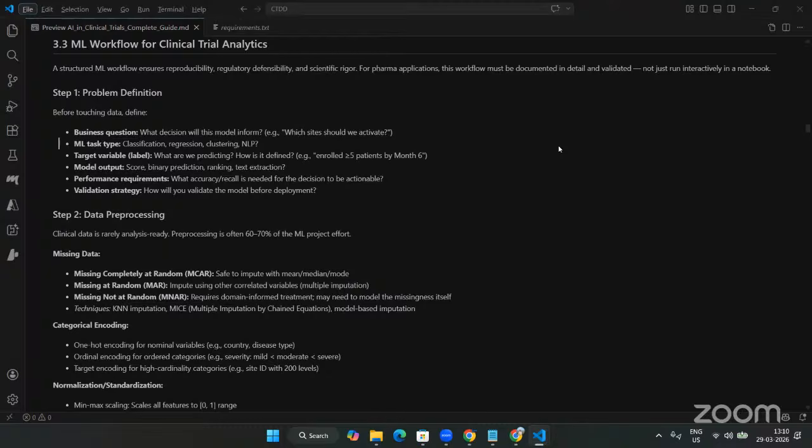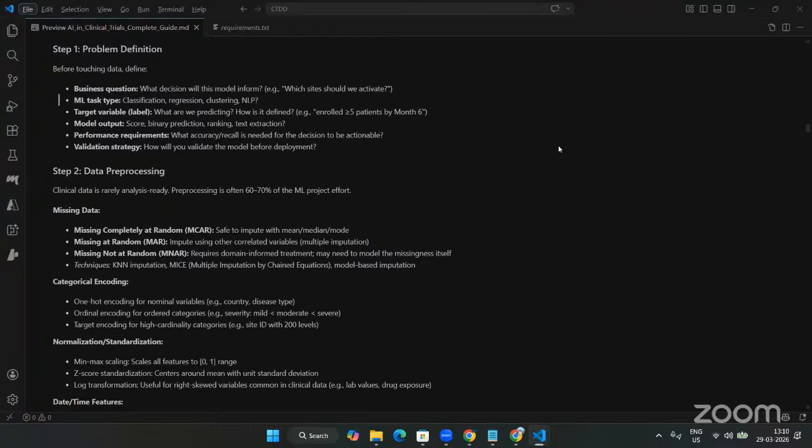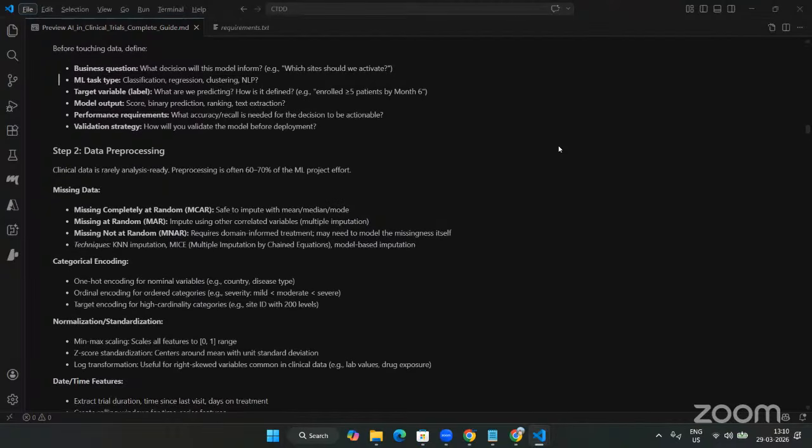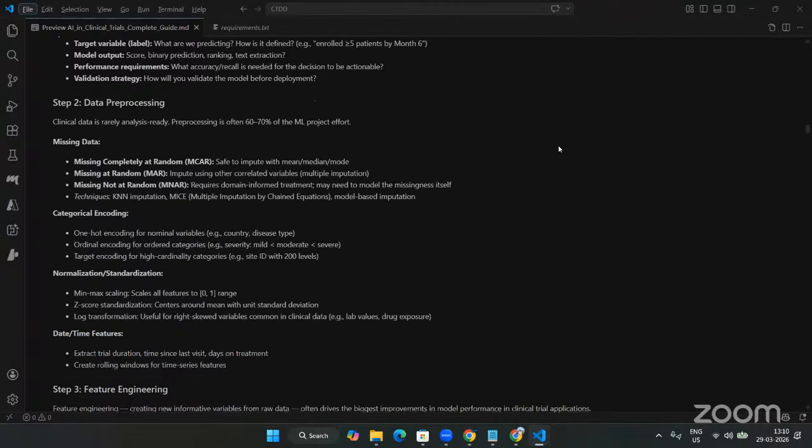Then the next part is data pre-processing. Clinical data is rarely analysis ready. Pre-processing is often 60 to 70% of the ML project effort. Data could be missing completely at random, safe to impute with mean, median, mode.